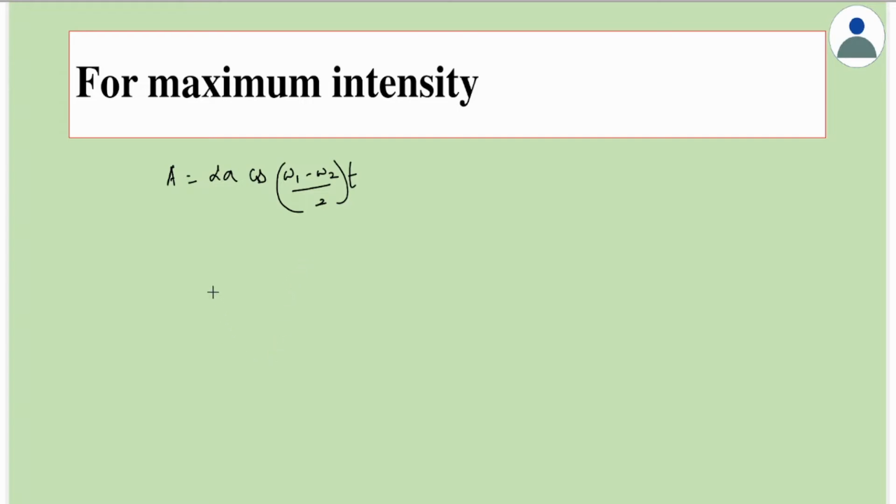From here, find its intensity. We know that intensity is proportional to amplitude square.